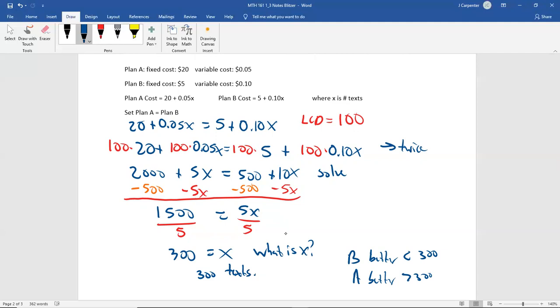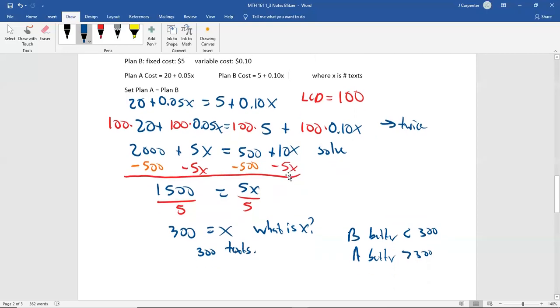And if you don't get that the fixed cost determines this, you can just plug in a random number like 10 text messages or 100 text messages, something less than 300, and it would show you that B is better, and it will always be better for anything from 0 to 300. And then it flip-flops to A being better after that. So emergency phone, I'd go plan B. If I'm going to send 5,000 text messages a month, I'm going with plan A. And there we are.